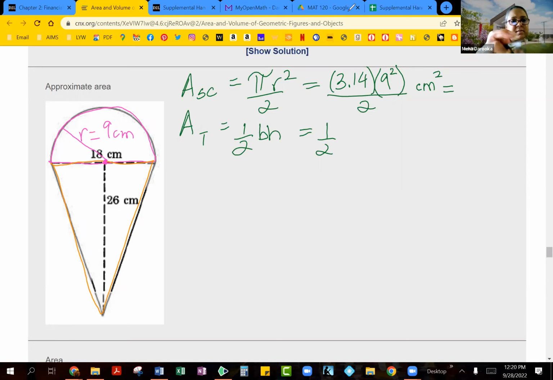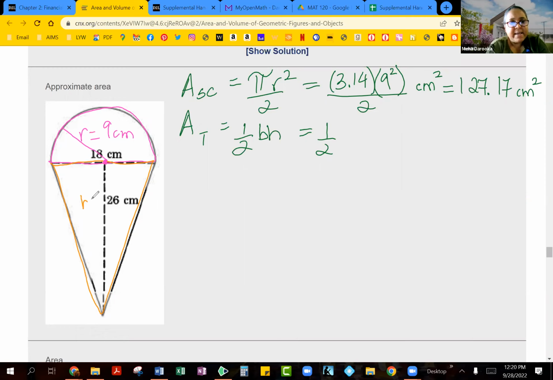All right, Kendall, very good. For the area of the semicircle, Amanda, you had 127.17. And again, we're not rounding our decimals, guys. We're just keeping it as it is. Very nice.